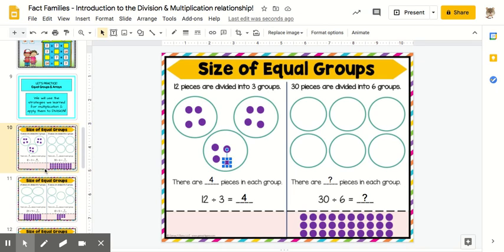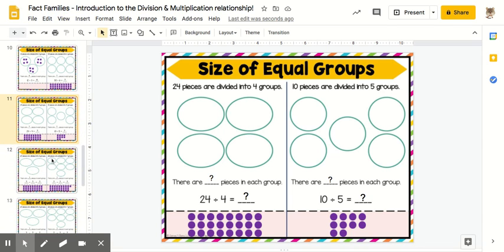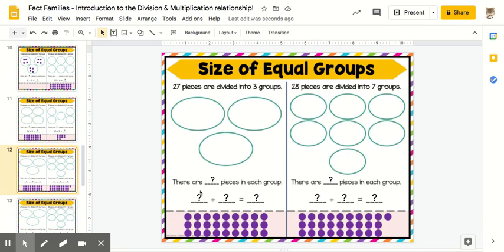So you're going to continue to do another slide that looks just like this, a few of them, and then it's going to come to all question marks. So you need to remember which number do we always start with. And you've got the numbers here, and it's already written up here nice and clearly for you as well. So you would make sure to start with your 27 and then divide it by, oh, there's our 3 groups, so we know what number goes here.